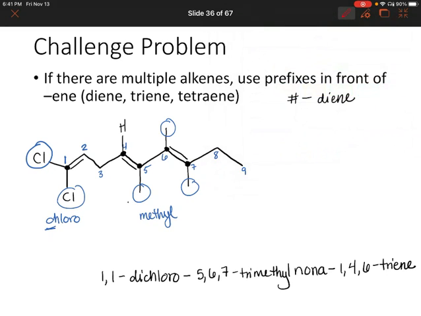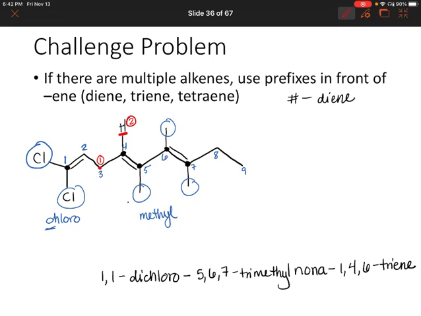Let's start with carbon 4 and prioritize the 2 groups bonded to carbon 4. So we have a carbon and a hydrogen. Which one would have higher priority? The carbon, right? So that would be priority 1, hydrogen's priority 2.